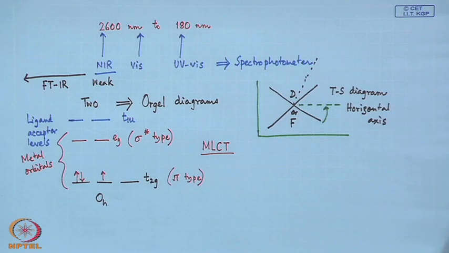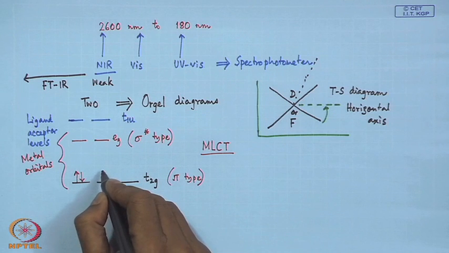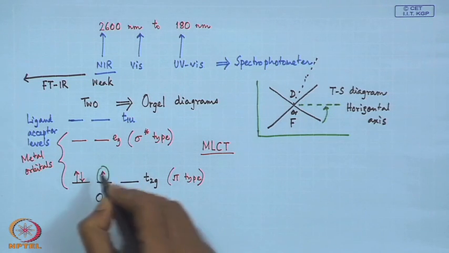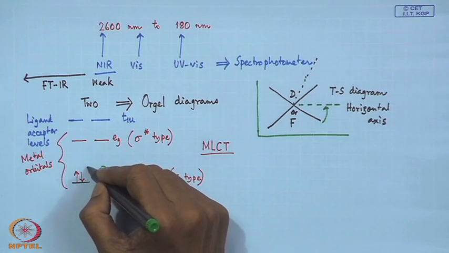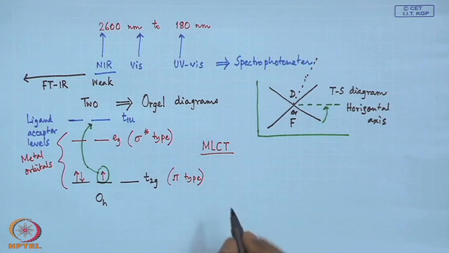In the next step, the electronic charge can move from this T2g level to the T1u level.